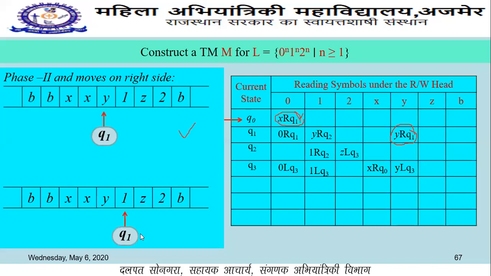At this time, again as in phase 1, we have read 0 at state q0 and 1 at state q1. So this is telling us this is the first respective occurrence according to the zeros, 1s and 2s. When we read 1 at q1, it should be replaced by y, taking a right turn. For that we already have a transition function like this.